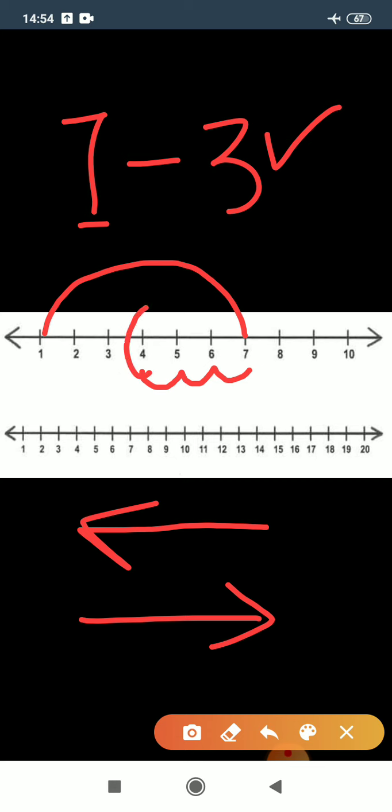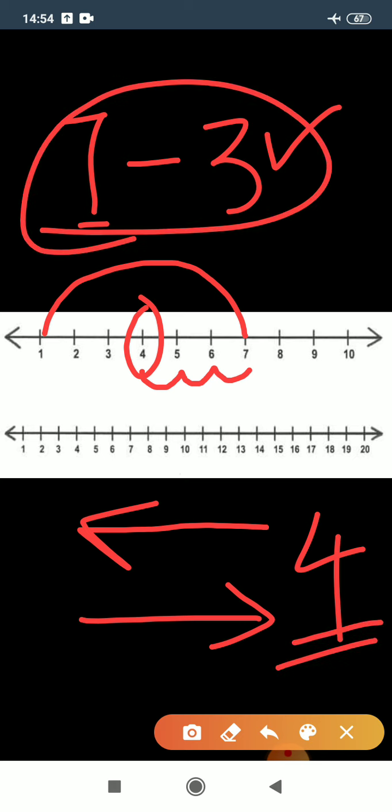So our answer comes 4. So 7 minus 3 equals 4. Understood? At the time of addition, you need to go forward. But at the time of subtraction, you need to come back from the number.